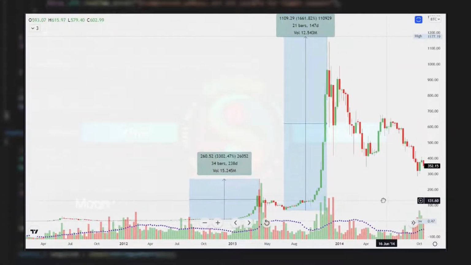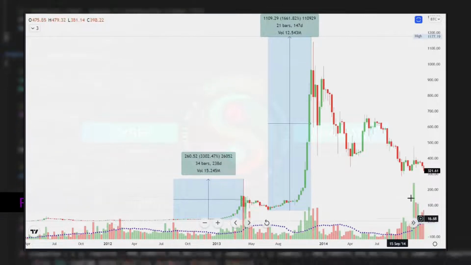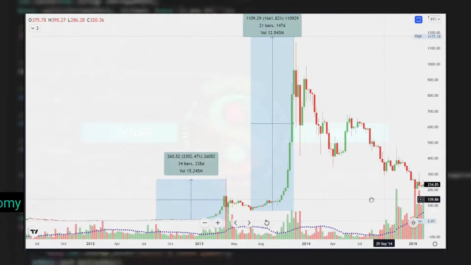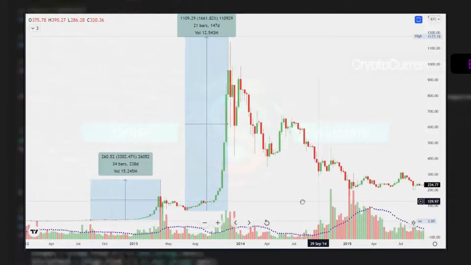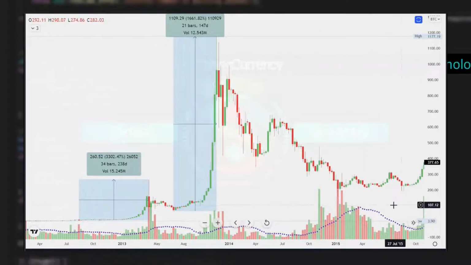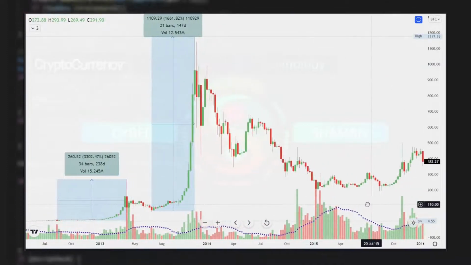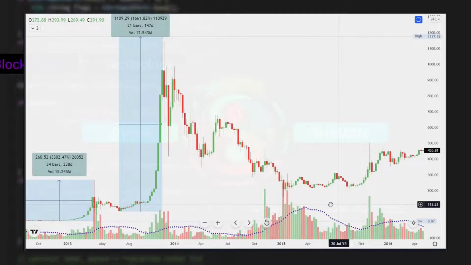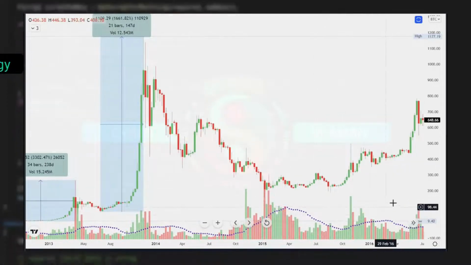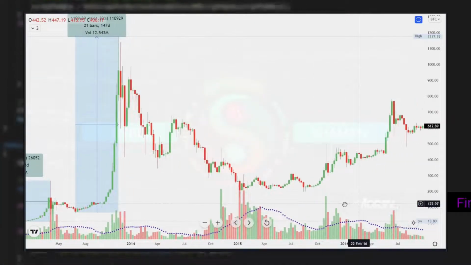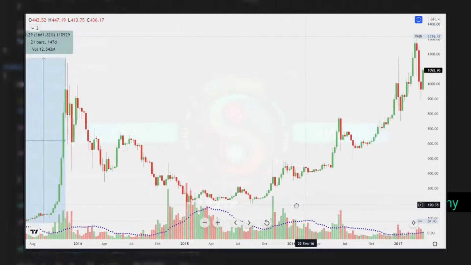Decrease in volume bars, but no spike. Now gradually going up, moving average coming down, but no spike yet. Decrease and a spike.